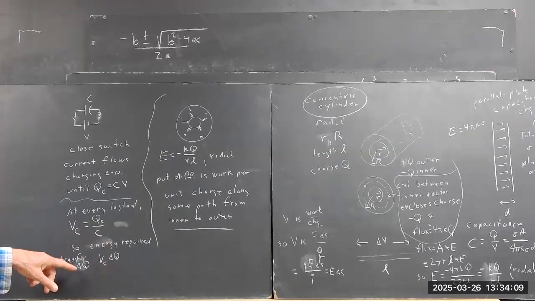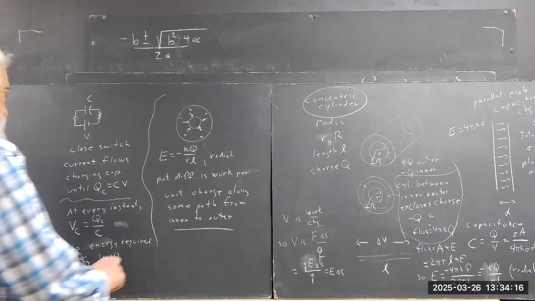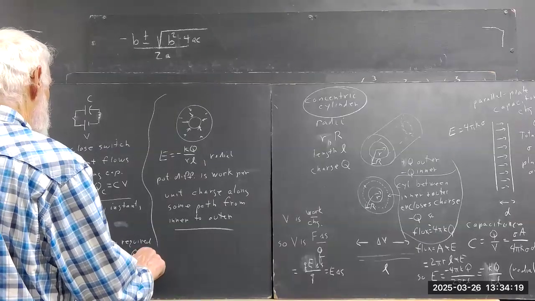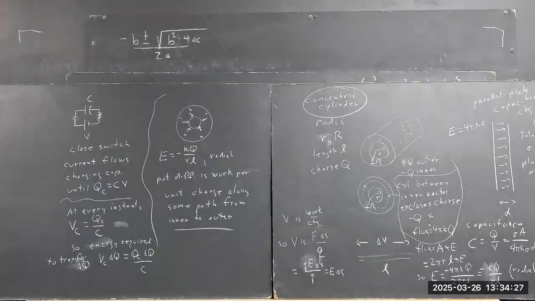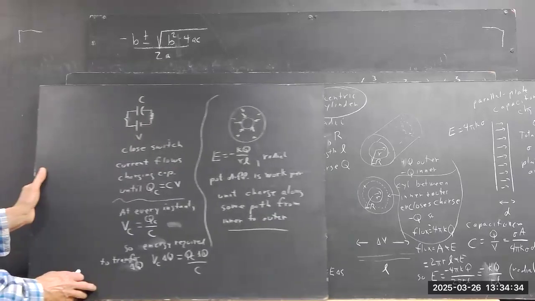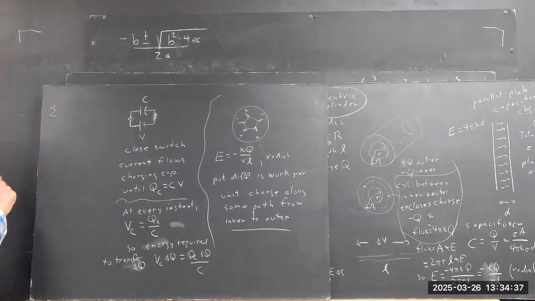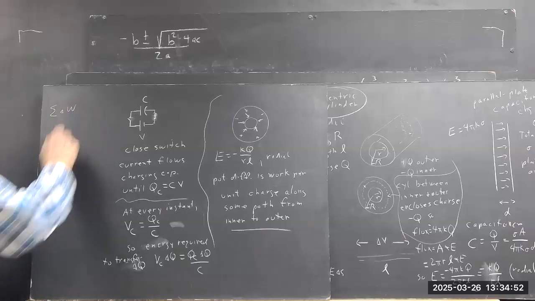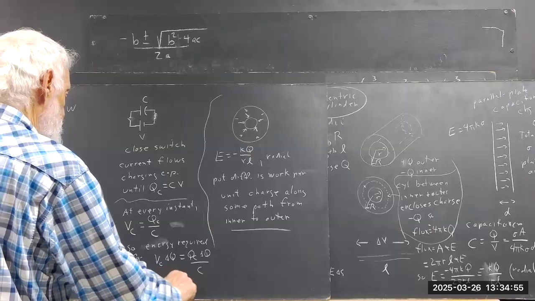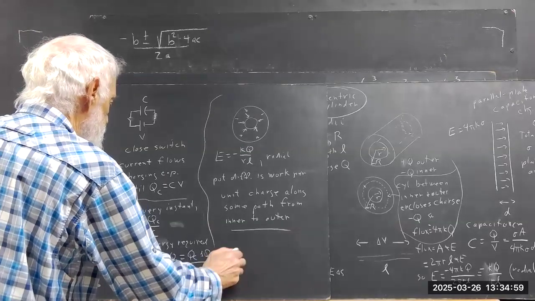The energy required to transfer charge delta Q is just V_C delta Q, which is Q_C delta Q over C. Abbreviating this a little more than I should, but the idea is that if you sum up the energy transfers, I'll call this a delta W, because I don't have a better symbol for it.